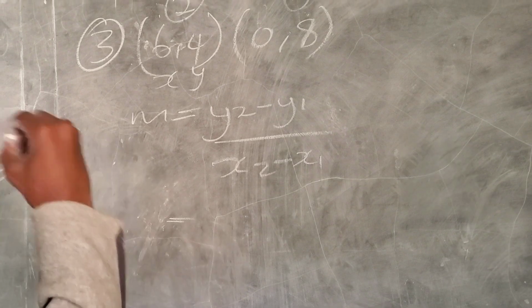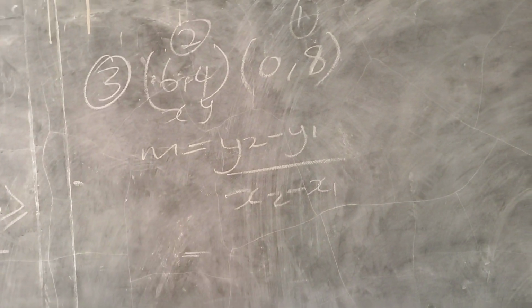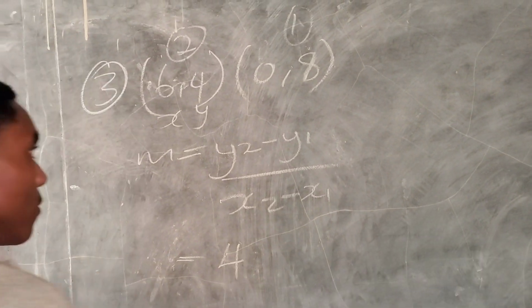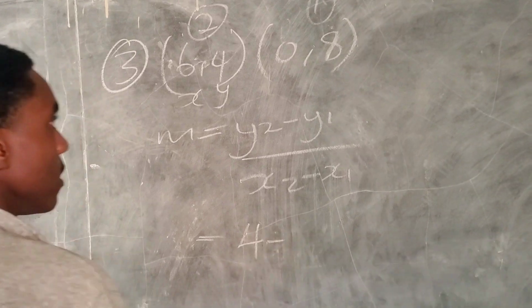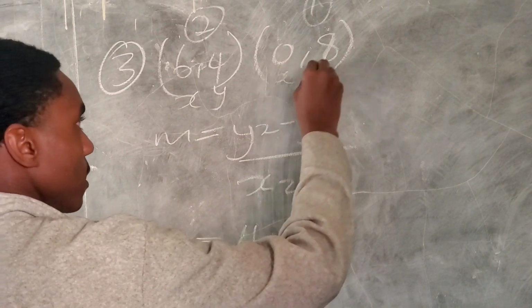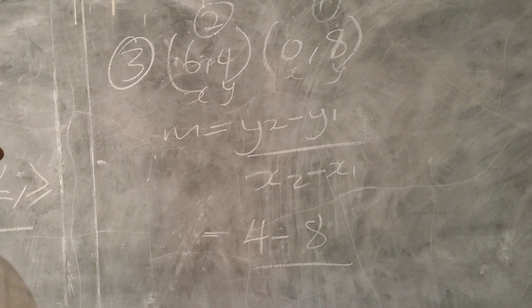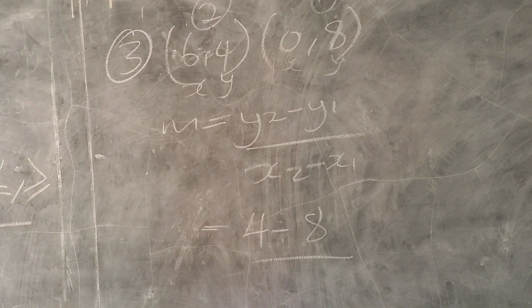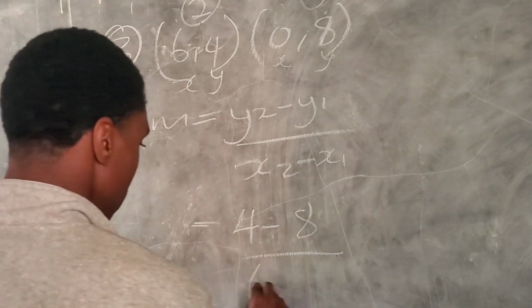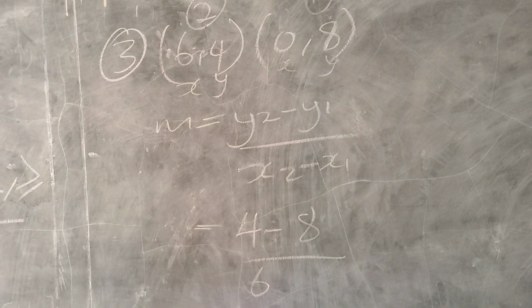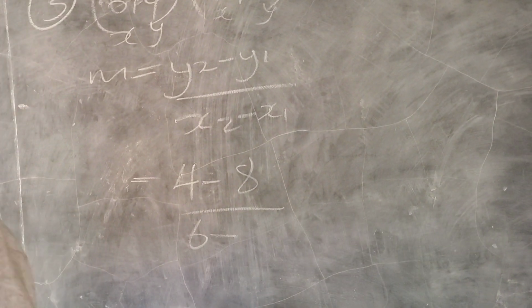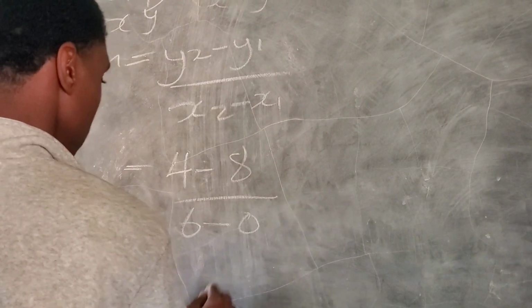So what is our y2? Our y2 is 4, minus what? Our y1 here is 8. Okay. So now what is our x2? Our x2 is 6 there, minus what? 0.